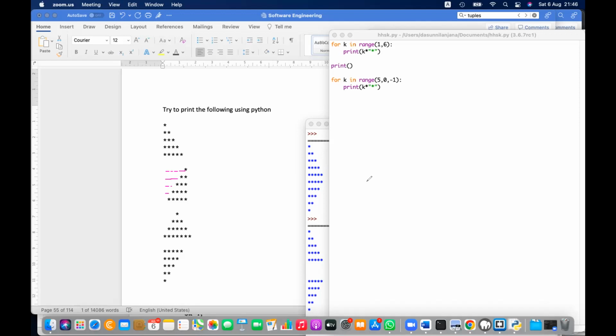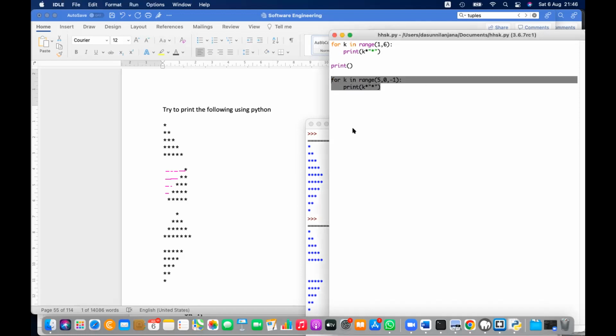So let's put some spaces now. I need spaces, therefore I'm starting from 4 and going down to 1: 4, 3, 2, 1. Instead of spaces, I'm using underscore just to show that.